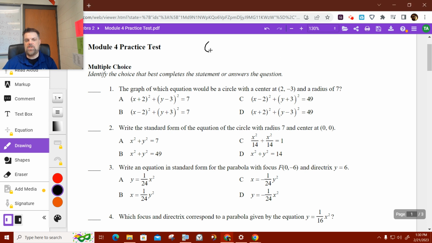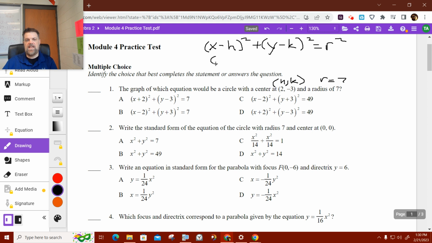So remember that the equation of a circle is x minus h squared plus the quantity y minus k squared is equal to the radius squared. So remember that this is h comma k. The center of the circle is h comma k, and the radius is 7. So the radius equals 7.